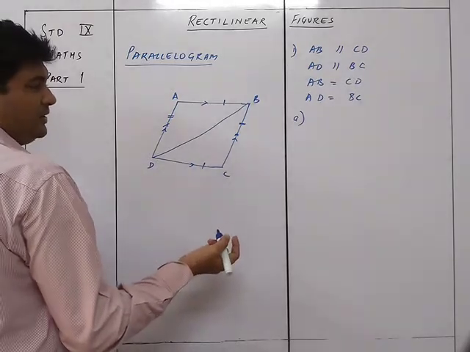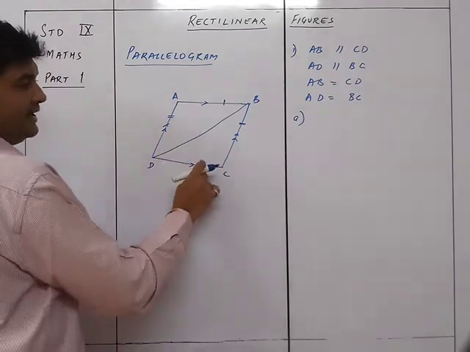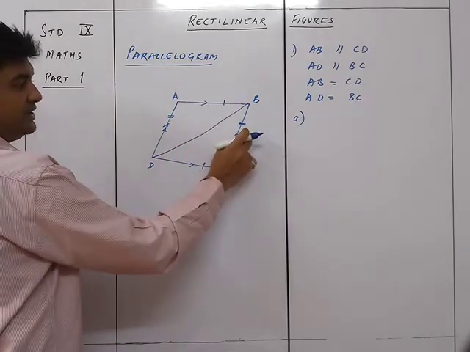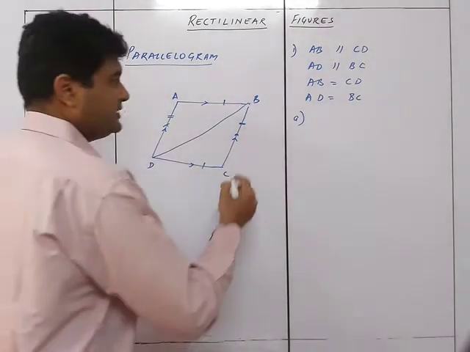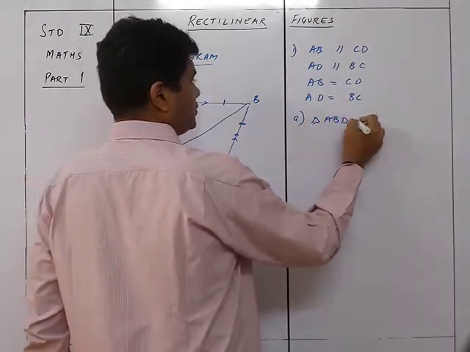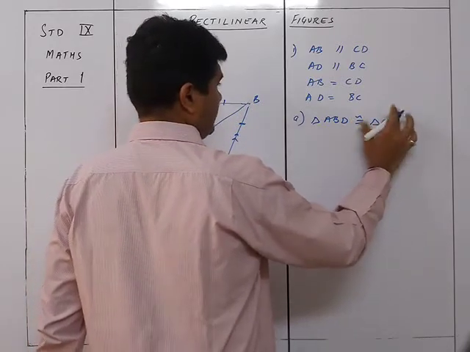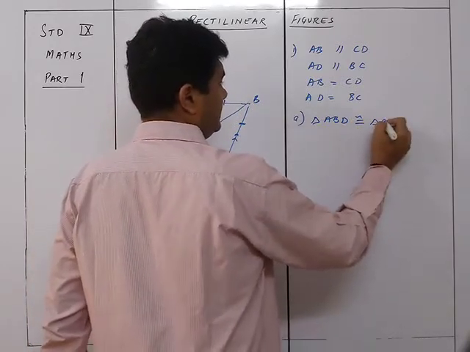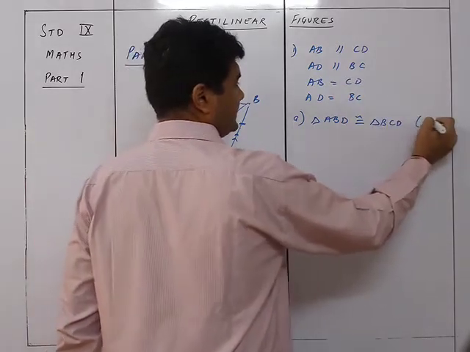It's very easy to prove this because we can see that this side is equal to this side, and this is equal to this side, and this is the common side BD. So triangle ABD is congruent to triangle BCD, of course by the SSS test.